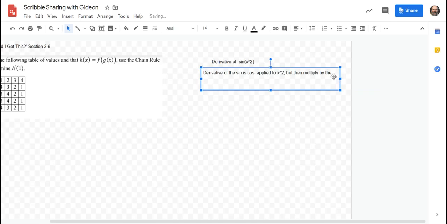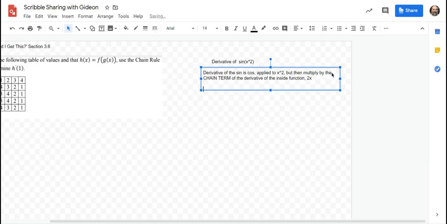There's always that chain term at the end. Why? Because we didn't have plain old x. If it was sine of x, we would have stopped. There's no need to chain because x is just x. But it's x squared, so we need to multiply by the chain term of the derivative of the inside function. And that, of course, is 2x. The derivative of x squared is 2x.